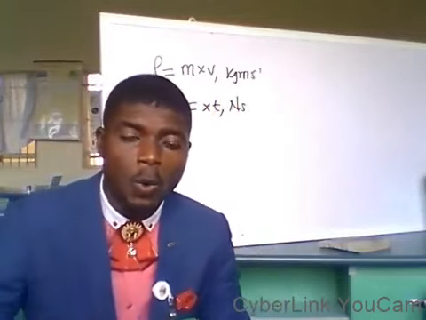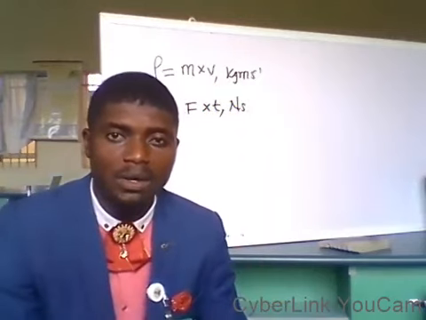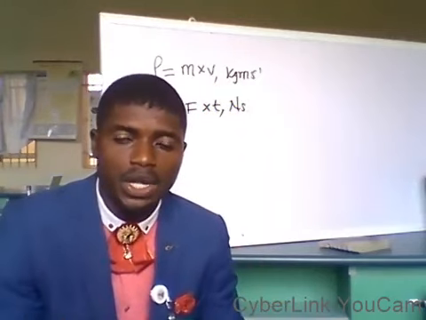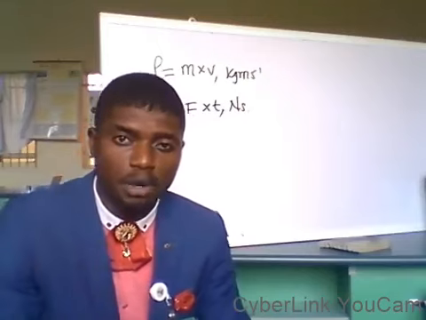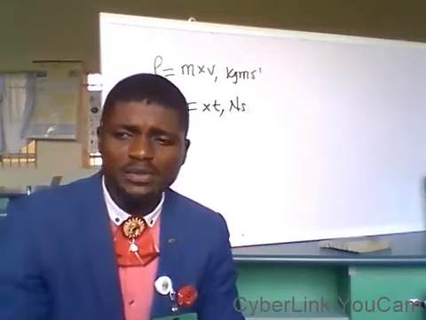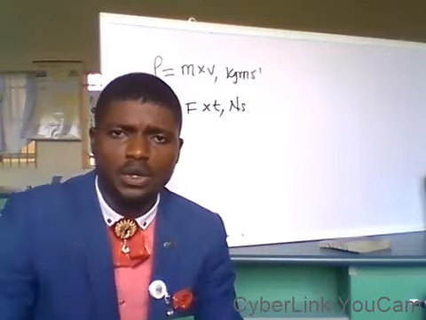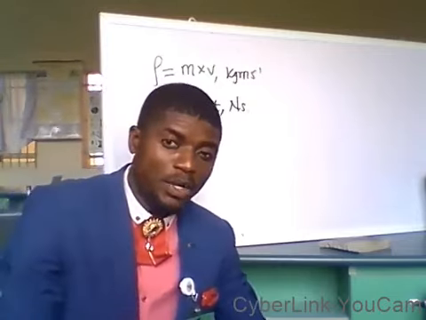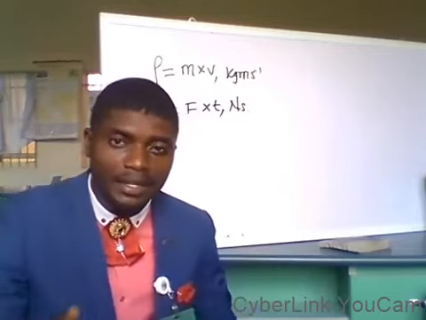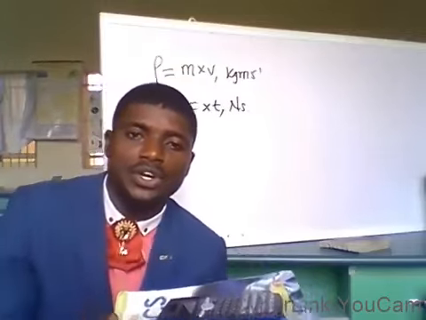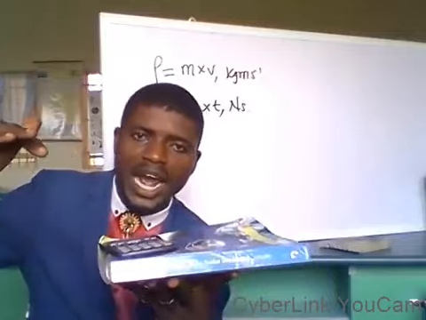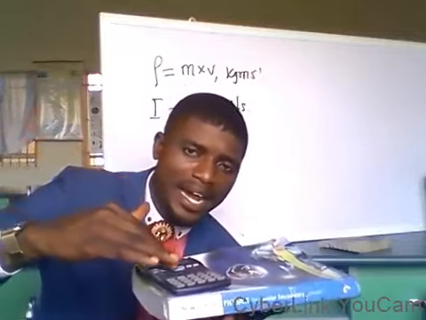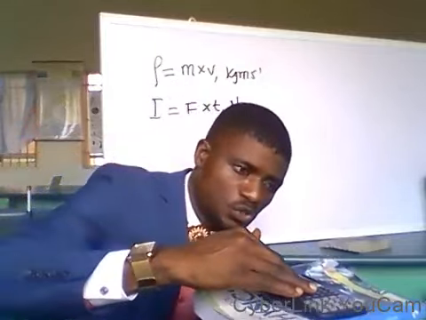And so we'll concentrate right now on Newton's three laws of motion. Newton's first law of motion states as follows. A body will continue in its state of rest or of uniform linear motion until acted upon by an external force.